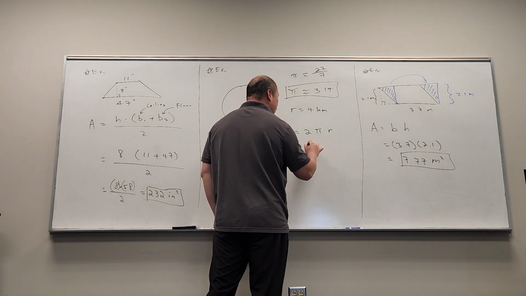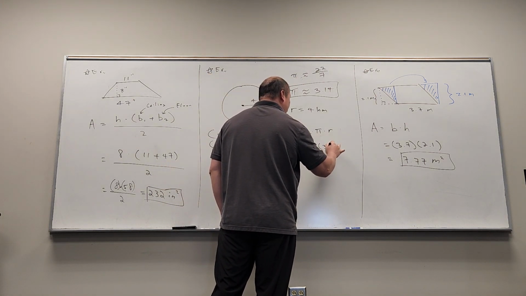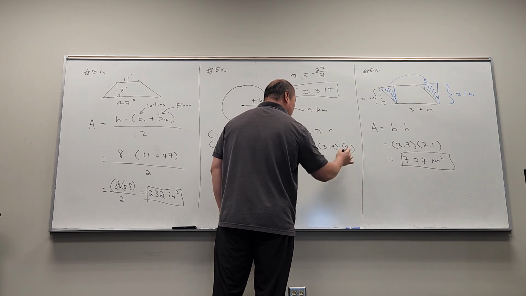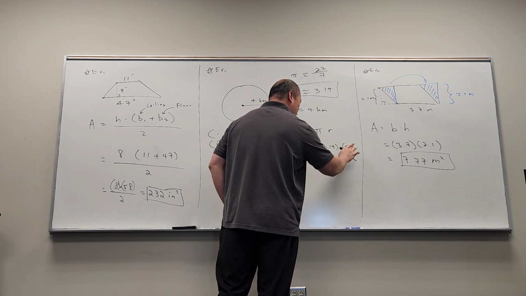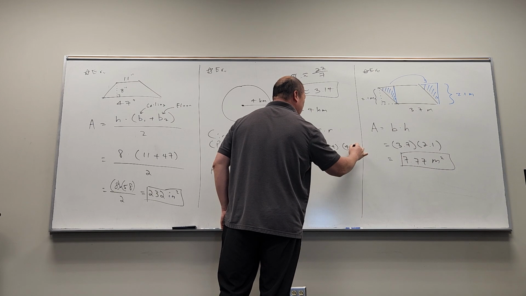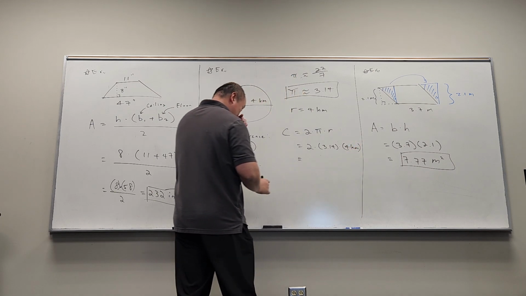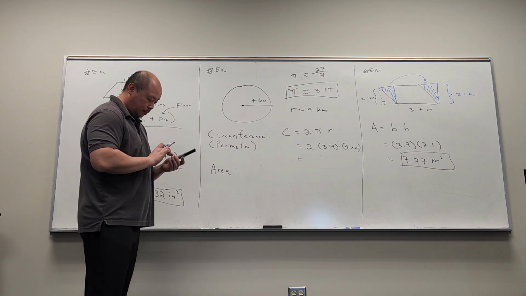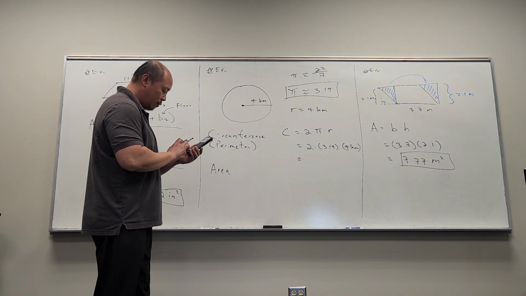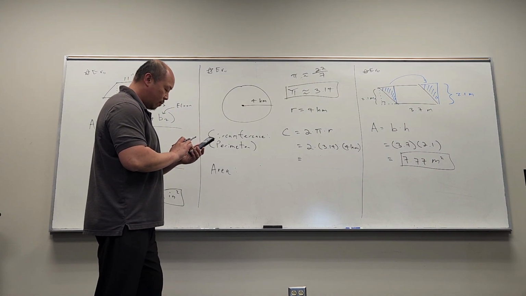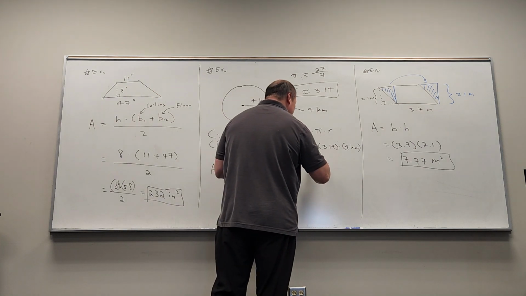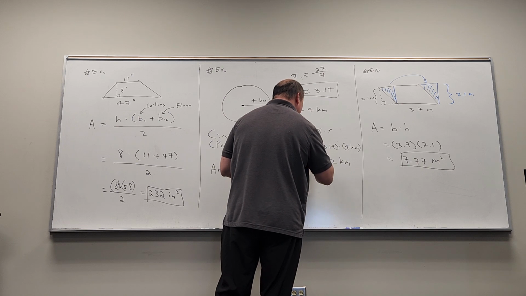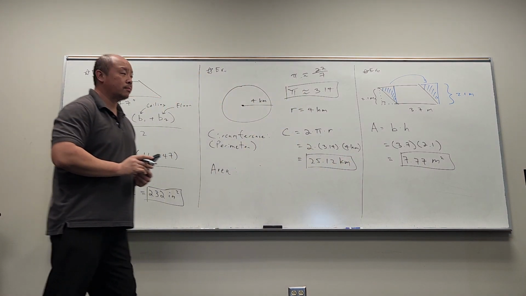So that's 2 times 3.14 times 4, and that's in kilometers if you want. So let's put it in the calculator. 2 times 3.14 times 4 is 25.12 kilometers. And that's the circumference.